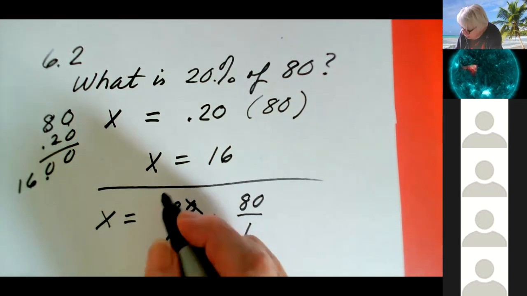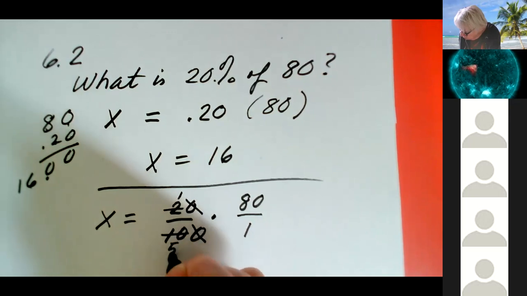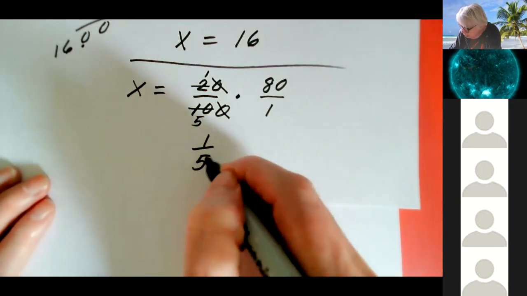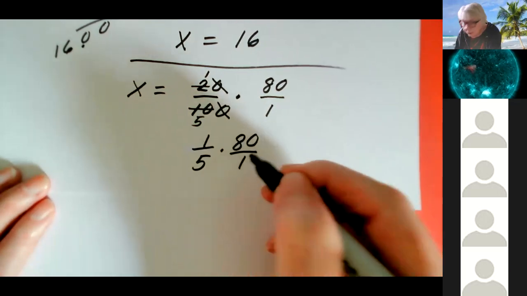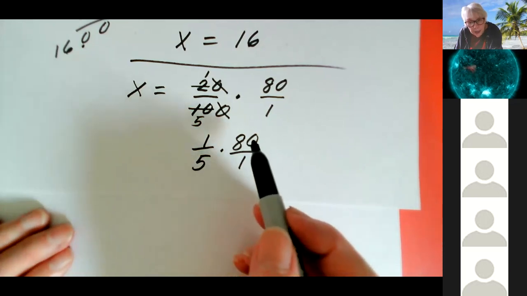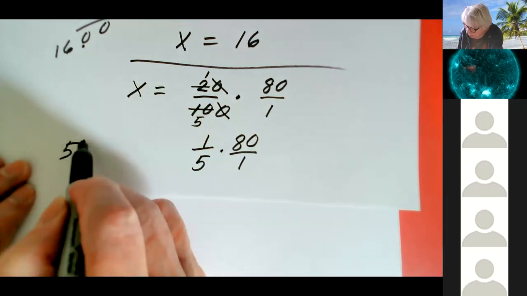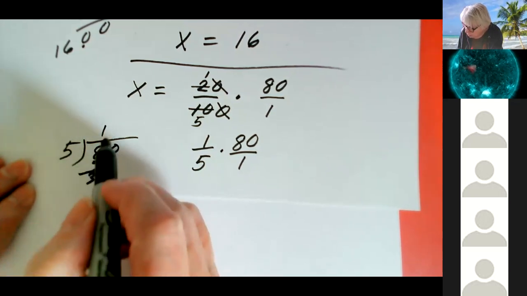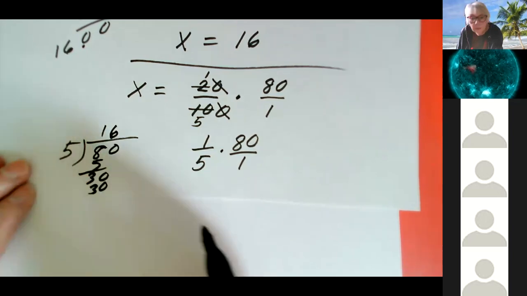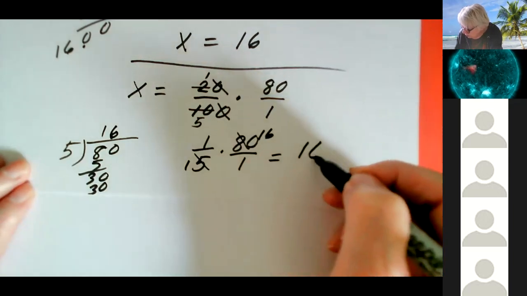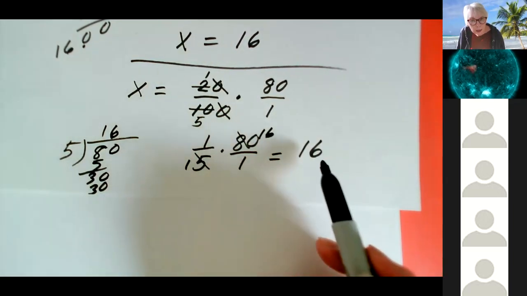And 2 over 10 is 1 over 5. 2 goes into 2 once, 2 goes into 10 5 times. So this ends up being 1/5 times 80 over 1. 5 goes into 80 16 times. One times 16 is 16.